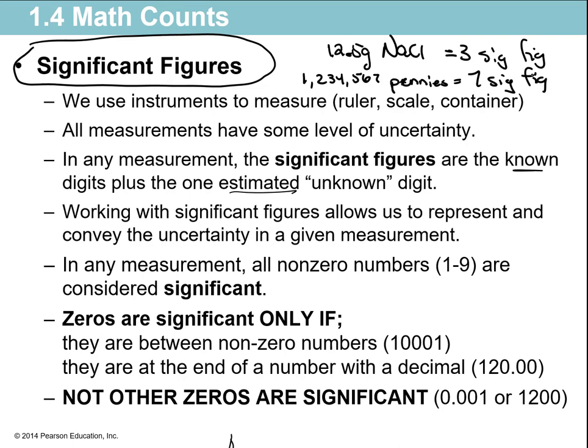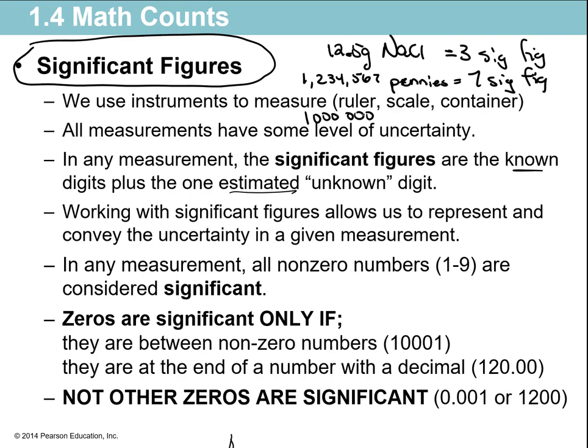I counted it, okay? But now, what if I said that I have 1,000,000 pennies? You look in your coin bin and you're like, wow, I think I have 1,000,000 pennies. Is it exactly 1,000,000? That's like an estimated number, right? So it's like, I know there's a lot. It looks like 1,000,000, but I haven't actually measured all of them.